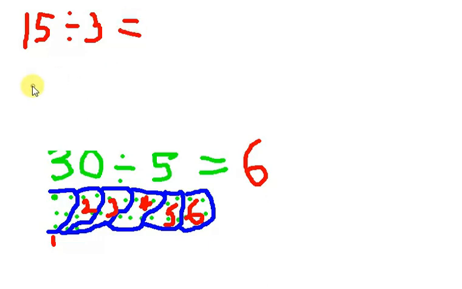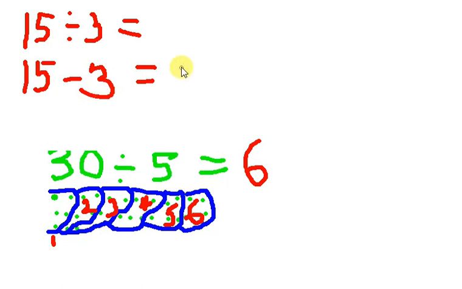So what we do is to write 15 and consecutively and consistently subtract 3 from 15 until we are left with 0.